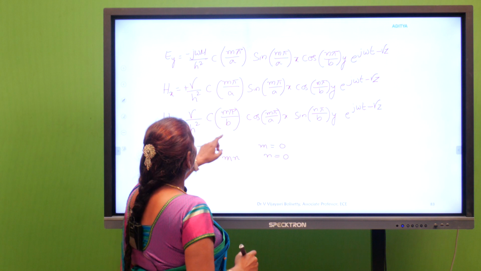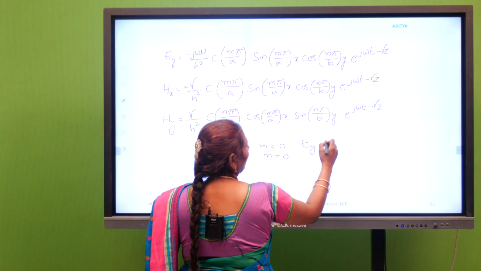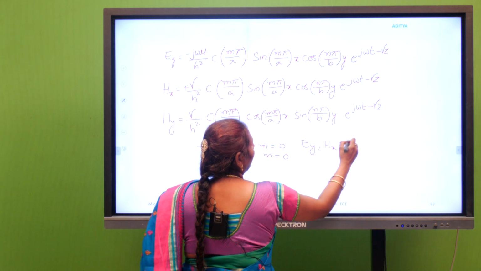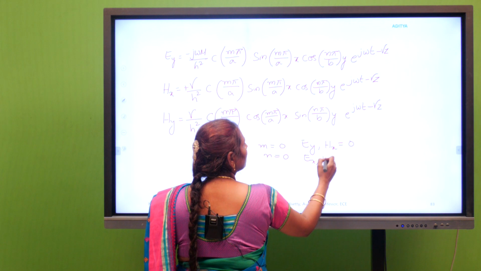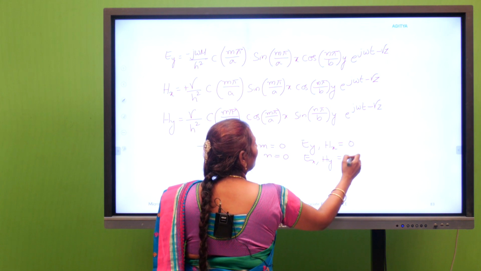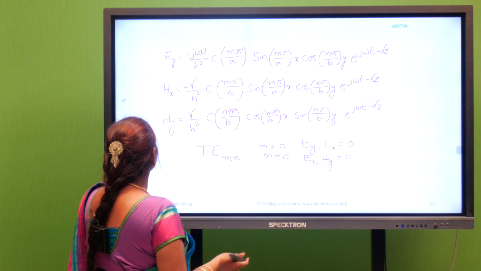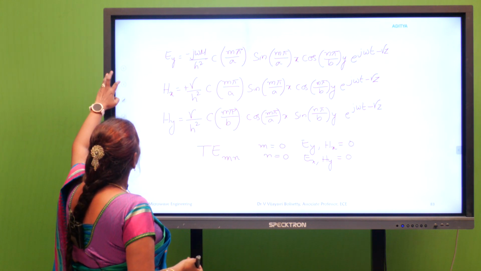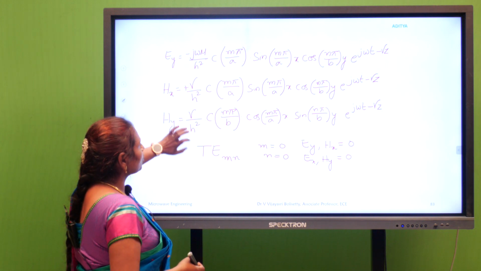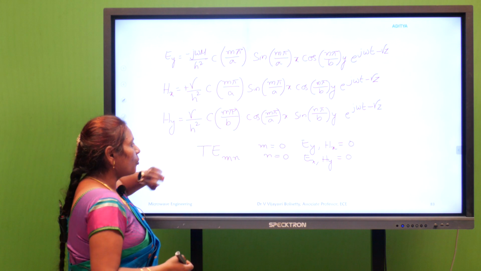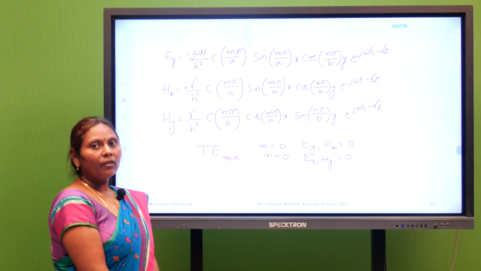As m is equal to 0, Ey and Hx become 0, and if n is equal to 0, then Ex and Hy become 0. So all the field components will vanish for m is equal to 0 and n is equal to 0. Not only this, all the remaining field components will vanish. So this TE00 mode or TM00 mode does not propagate through the rectangular waveguide.